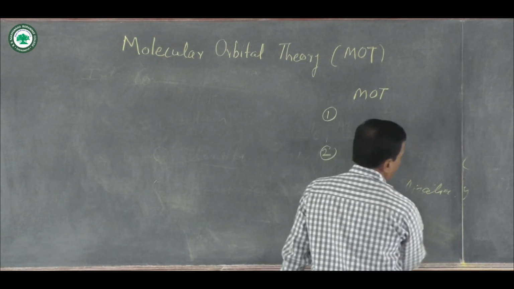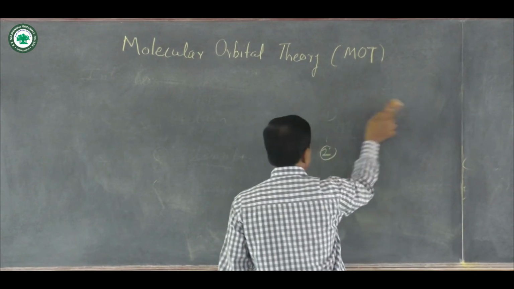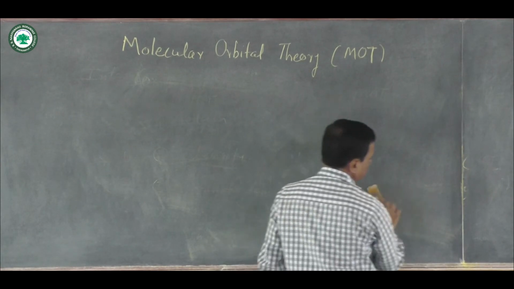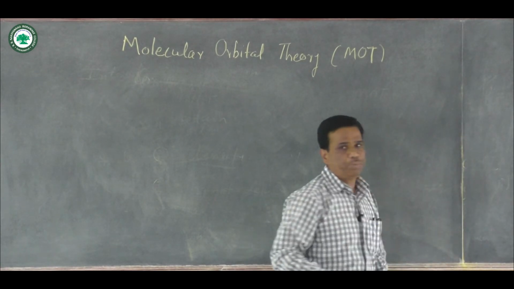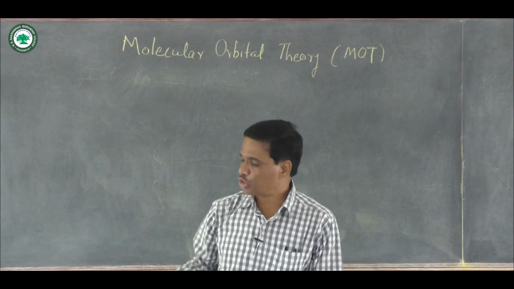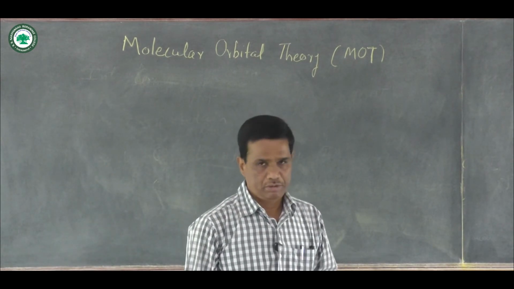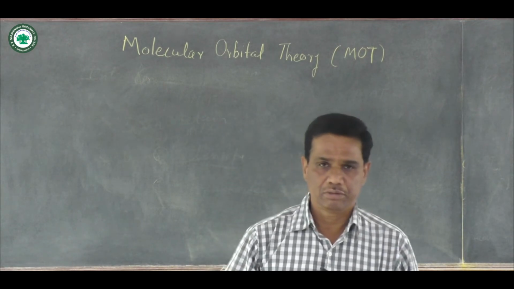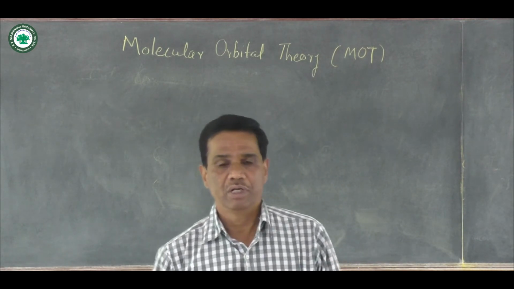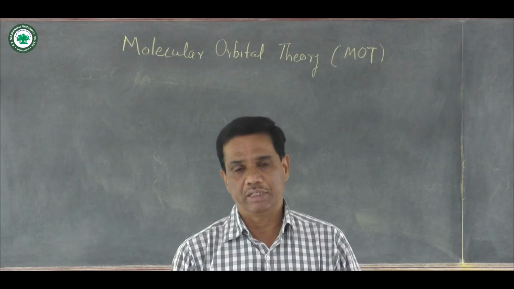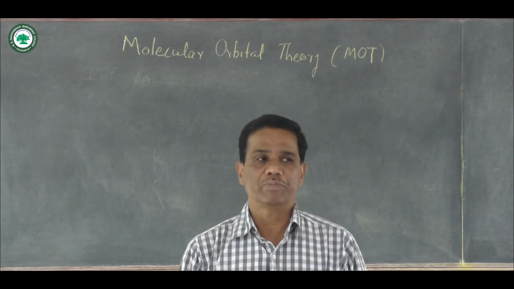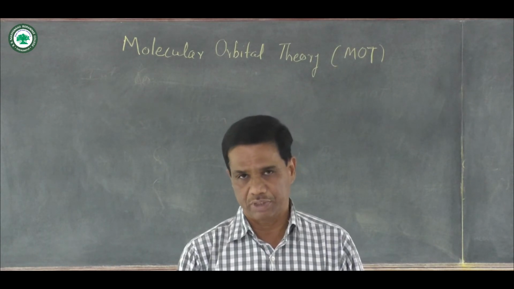You know that atomic orbitals are s orbital, then p orbital. There are 3 p orbitals, px, py, pz. Then d orbitals. There are 5 d orbitals, dxy, dxz, dyz, dx square minus y square and dz square.